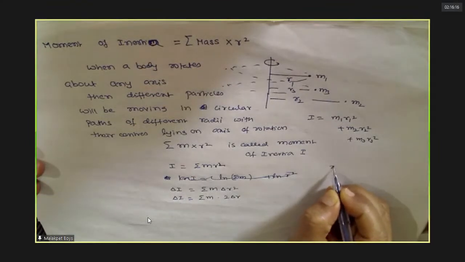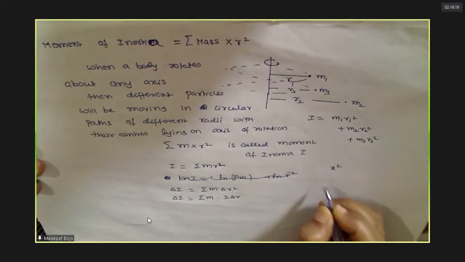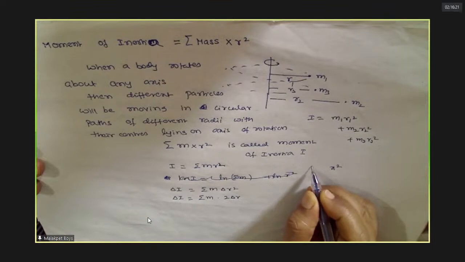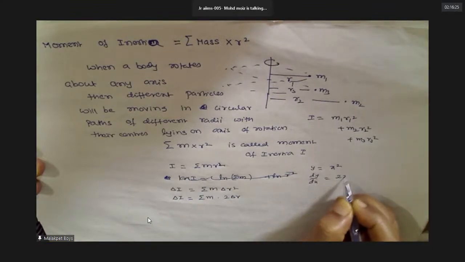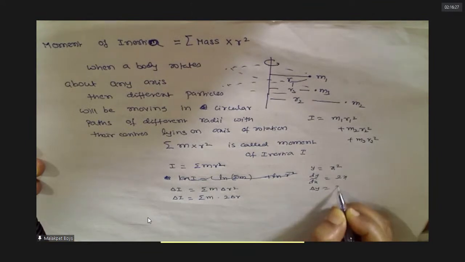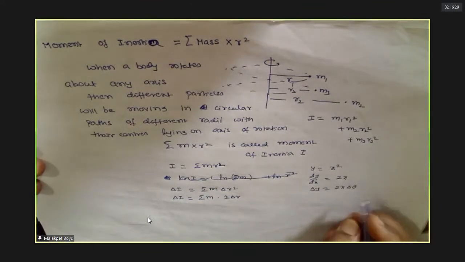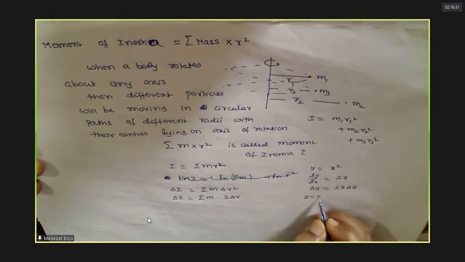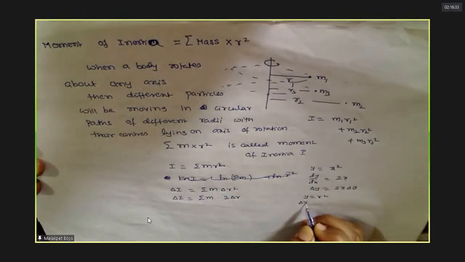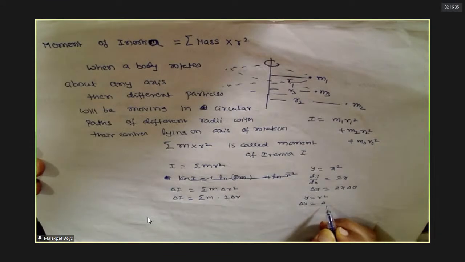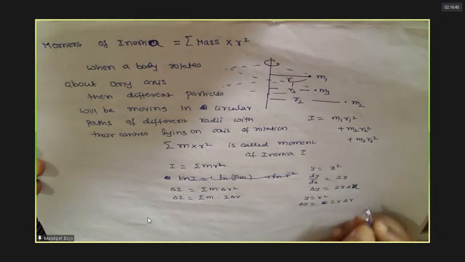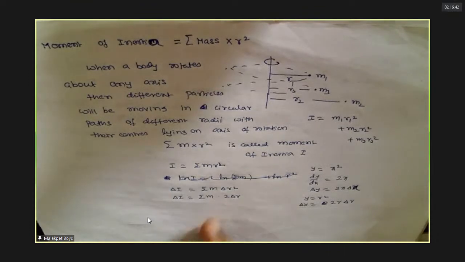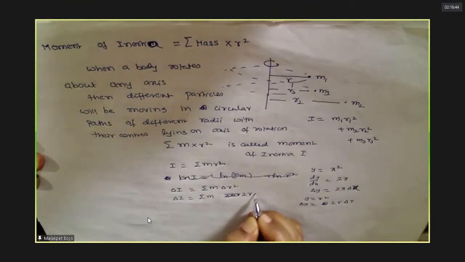See, suppose this is x square now. Then what is the change in x? dx. So delta y equals 2x dx now. Now suppose I am taking r square. Delta y is 2r delta r, no? Do you agree with that? Same thing I wrote here, 2r delta r. Do you agree with this?